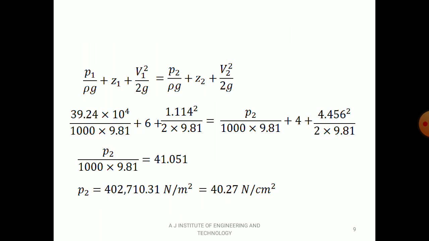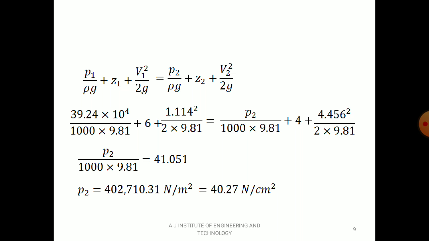That can be done like this. Pressure P1 is 39.24 into 10 to the power 4, divided by rho, that is water, 1000 into 9.81. Z1 is 6, plus V1 is 1.114, which we got from the expression Q equal to A1 V1, so 1.114 square divided by 2 into 9.81. G is 9.81, the acceleration due to gravity.